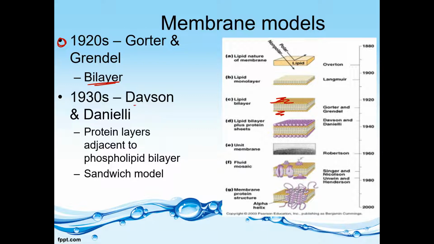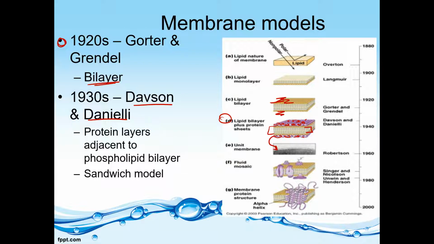In the 1930s, two scientists, Davson and Danielli, came up with this idea that our phospholipid bilayer was sandwiched between two layers of protein. We knew that there had to be proteins in the cell membrane.